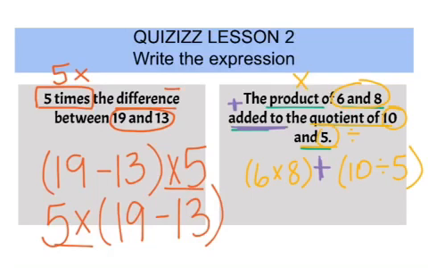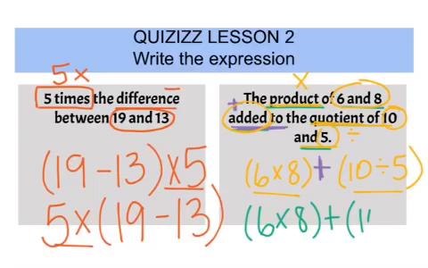So here you had 2 keywords. Product, so I have to have that in my parentheses, 6 times 8. Quotient, got my parentheses here, of 10 divided by 5. And I'm adding those two together. So the answer here is 6 times 8 in parentheses plus 10 divided by 5 in parentheses.